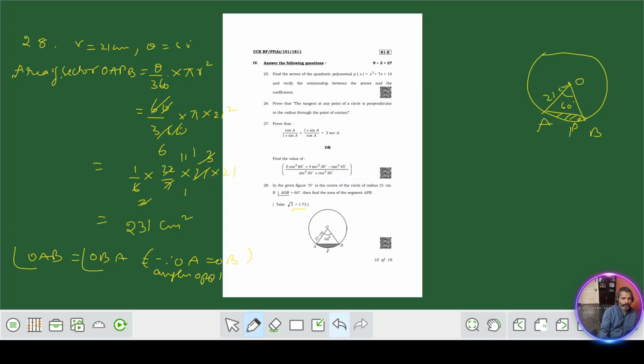Angles opposite to equal sides are equal, that is the property of a triangle. So AOB is given 60, and these two should be equal. Therefore, 180 minus 60, 120 will come, so angle OAB equals angle OBA equals 60. Right?